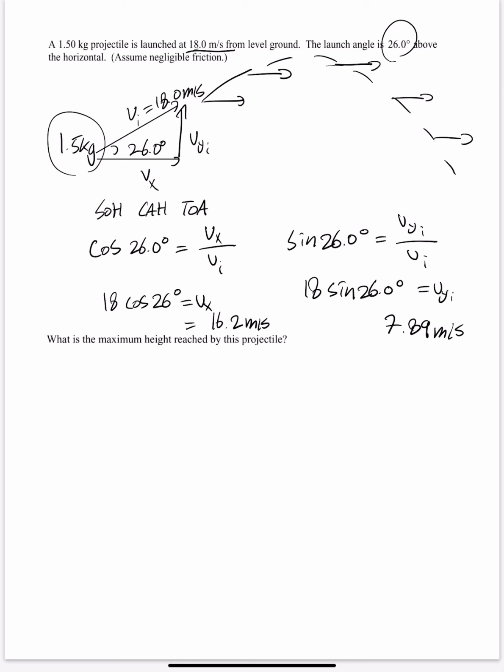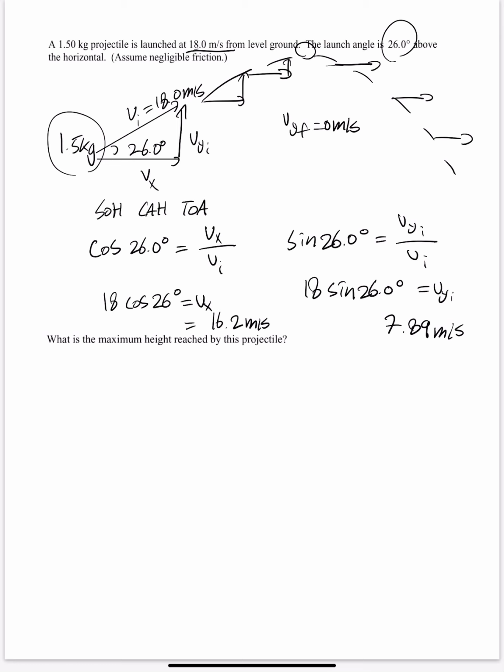However, at some point, Vy, which is going up, will stop around here because it needs to go down. The ball is going down due to gravity. So if we let Vyf equal 0 meters per second at the highest point of the projectile, we can find the maximum height.